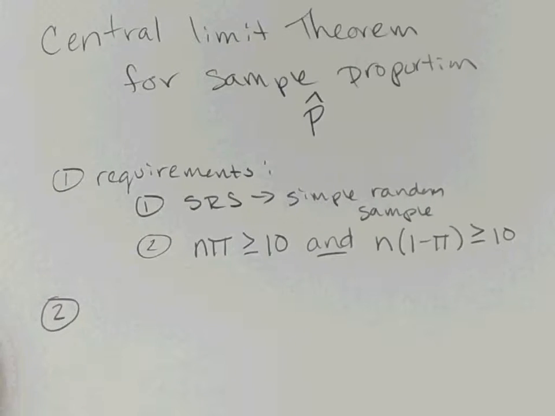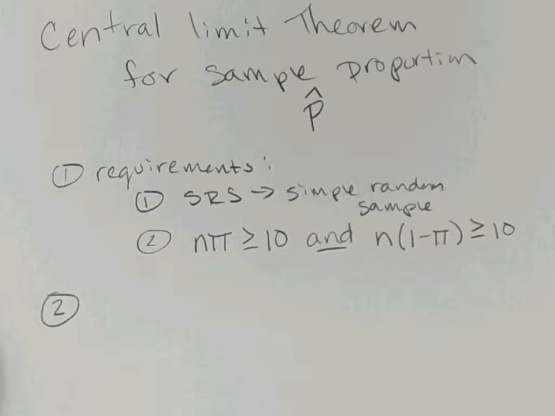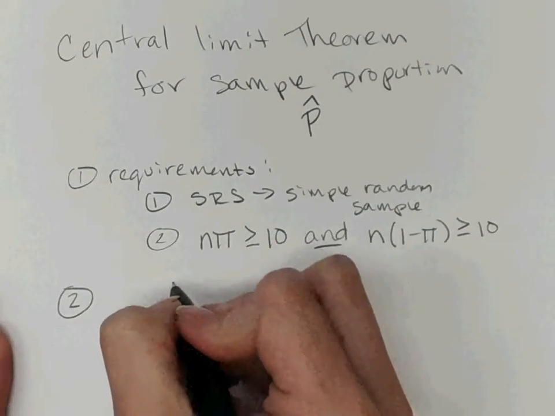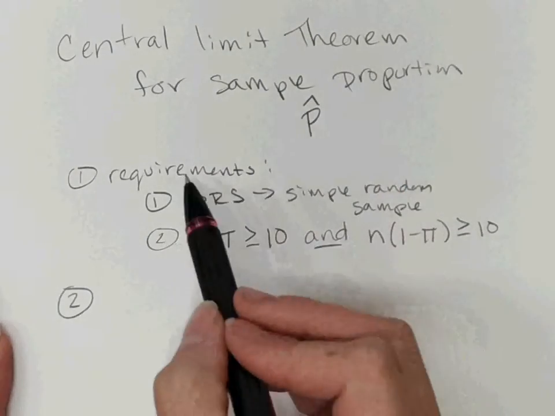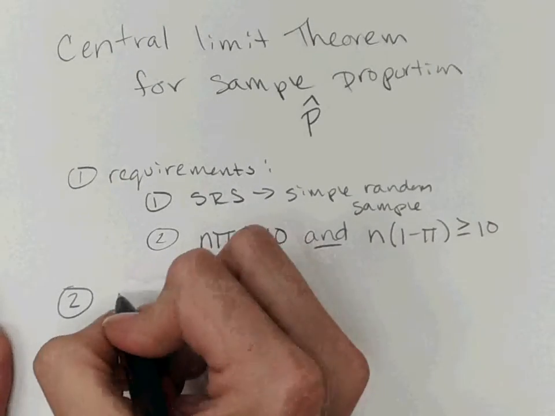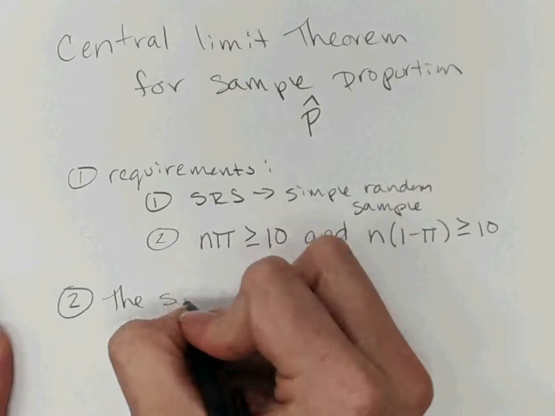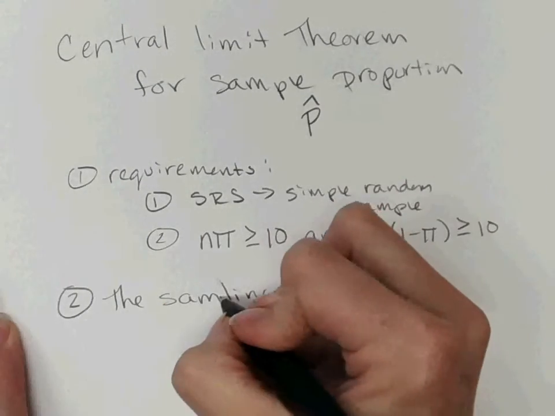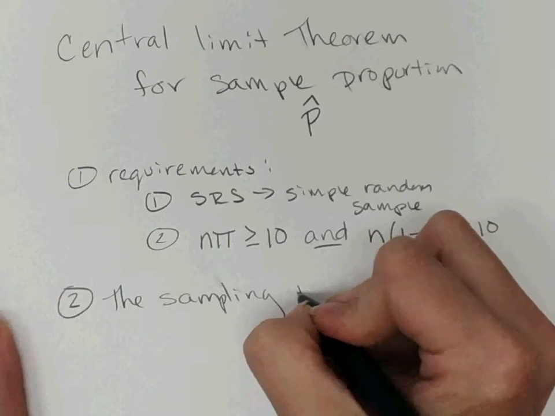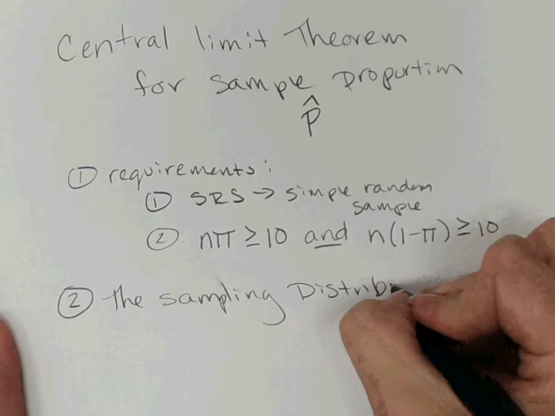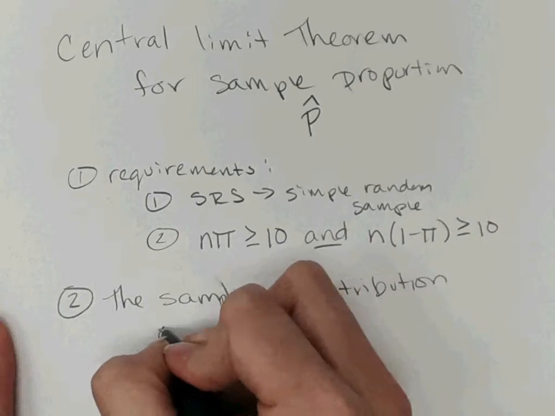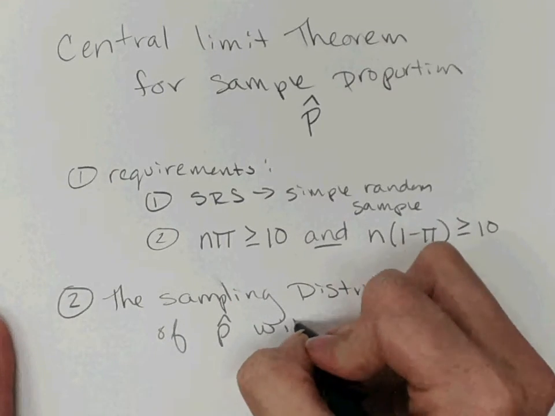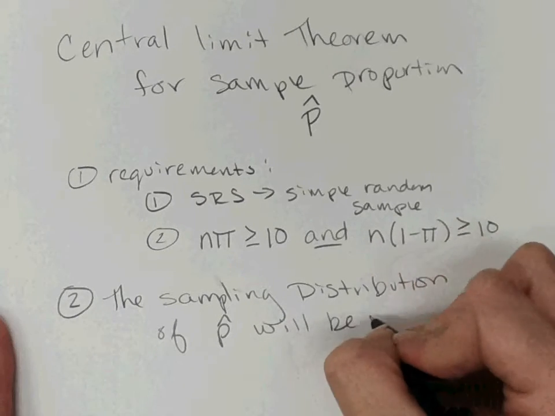Now, the second part is really what the central limit theorem will tell us. So, the central limit theorem tells us that if my requirements are met, the sampling distribution of all of my sample proportions will be, right?